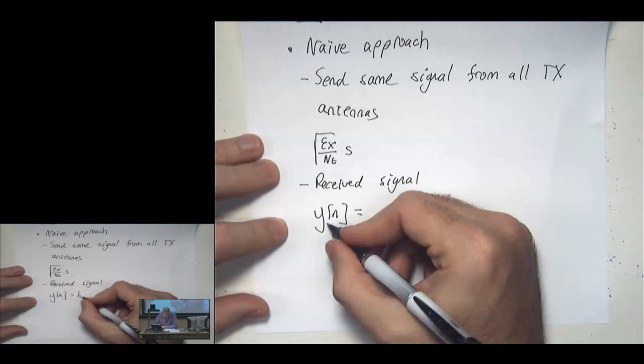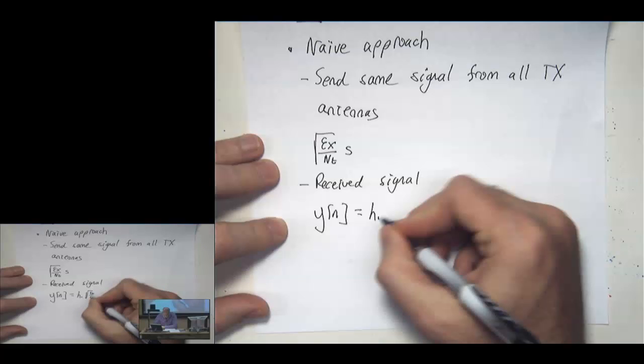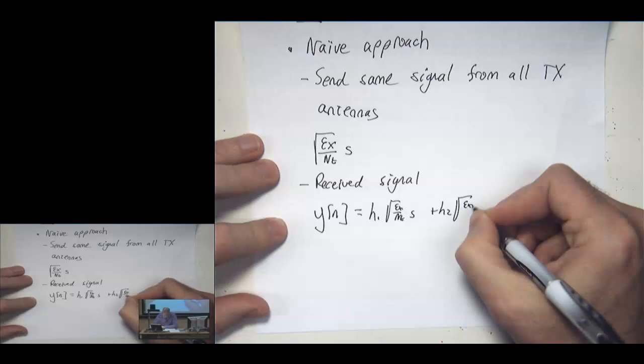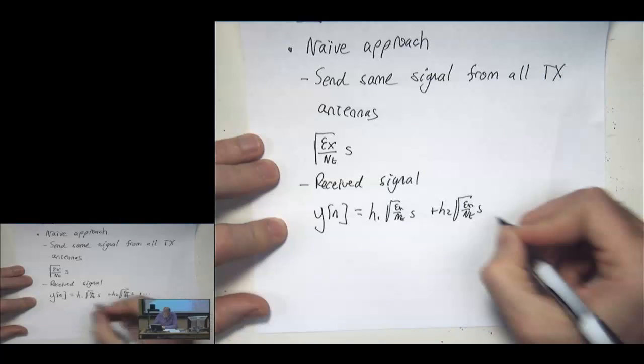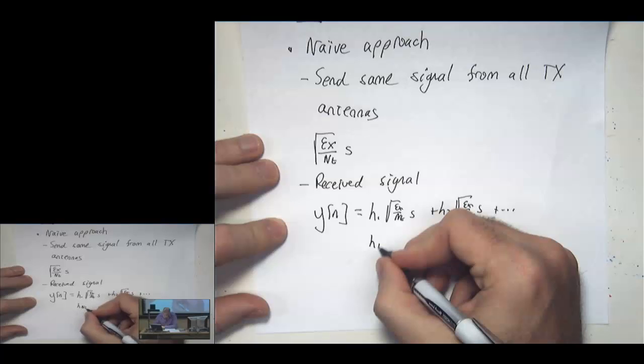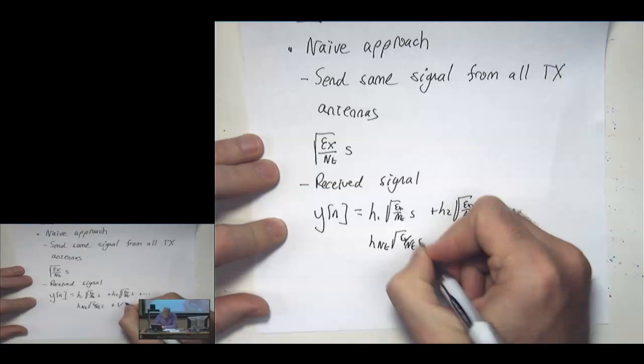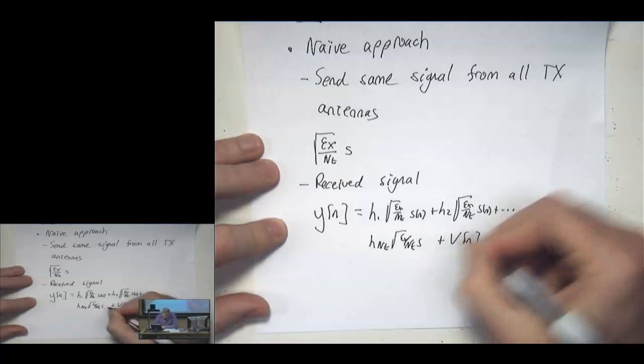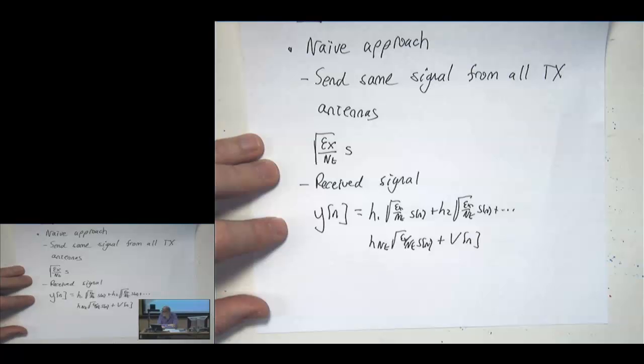And so we're going to get h1 times square root of Ex over NT times s, plus h2 square root of Ex over NT times s, plus ... h of NT square root of Ex over NT s, plus noise, just adding the n index there.